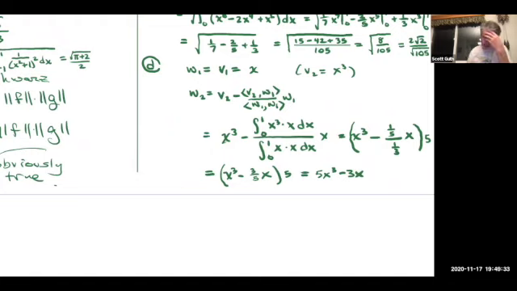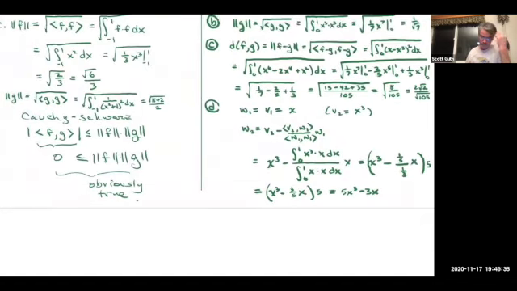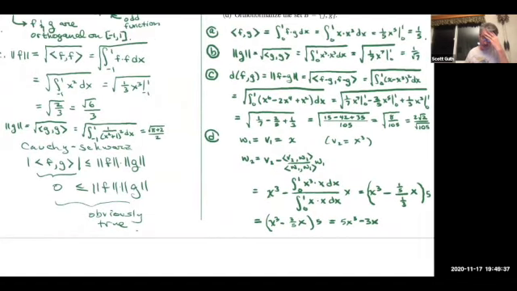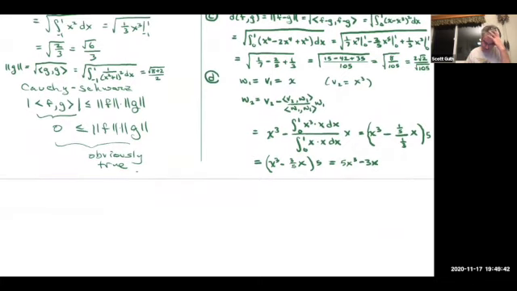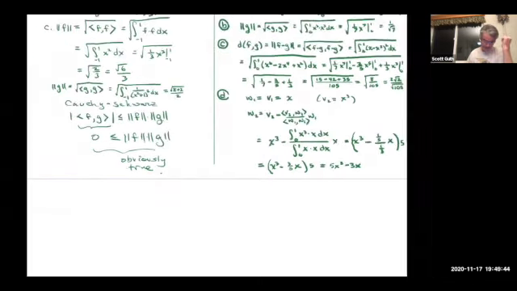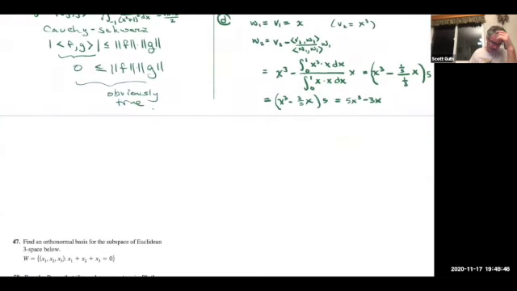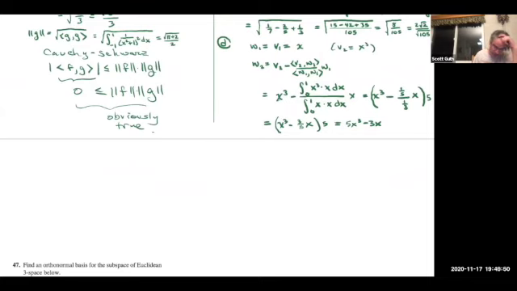Okay, now they want us to make these unit vectors. So for units, I'm going to have to come down here, I guess. So the magnitude of W1 is going to be the square root of the inner product of W1 with itself.